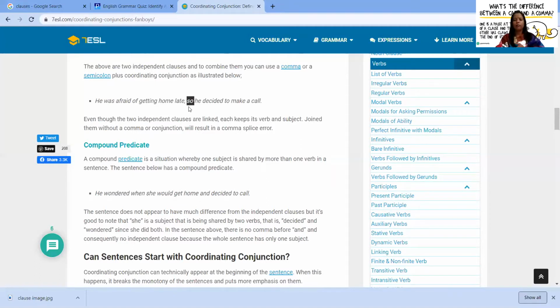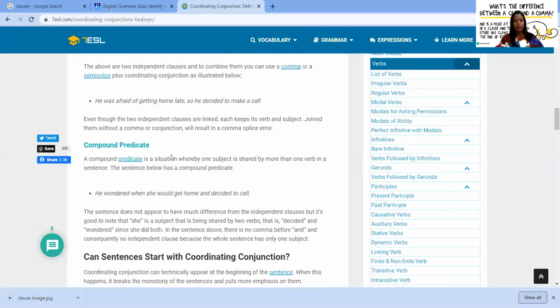I actually added this coordinating conjunction, and if you can see this small punctuation mark after late, that is what is differentiating. Understood?